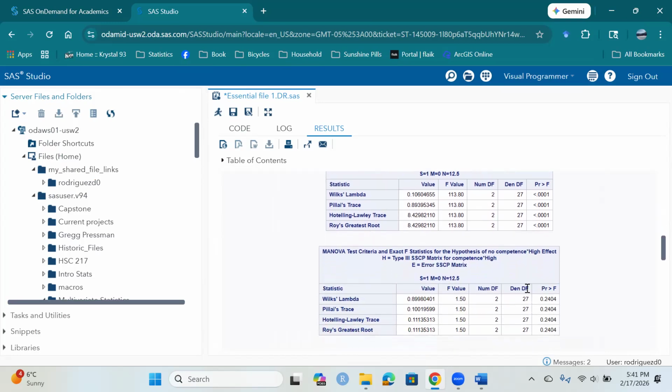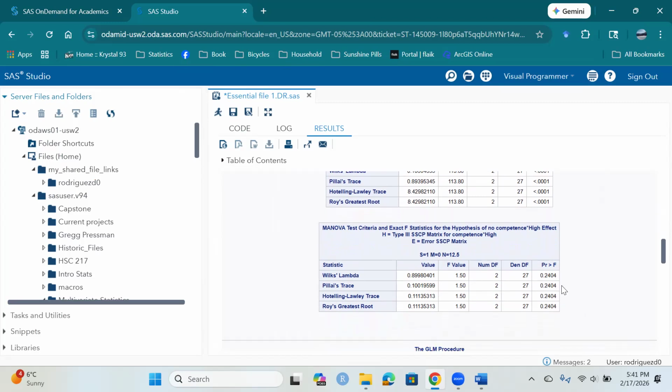And then we have the next part, which is interesting. This is the between by within interaction, because really that's what we're interested in. Is there an interaction such that those who were high during baseline will differ from those who are low during baseline? They'll differ in their overall competence over time.